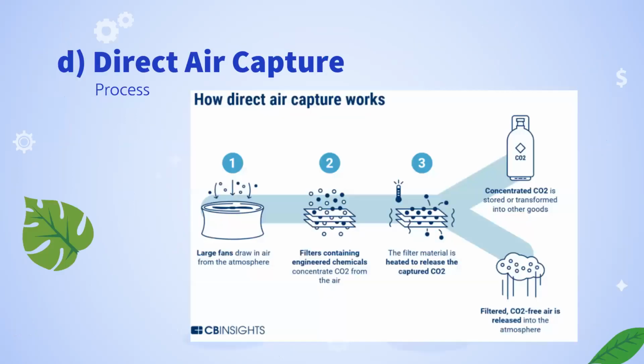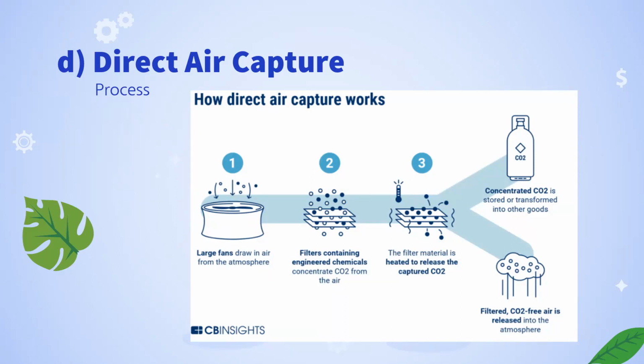So now that we understand the typical CCS methods, a new initiative that's very interesting is direct air capture. It is different since it consists of directly capturing the CO2 from the atmosphere. However, there are not many plants of this. So let's talk a bit about the process.